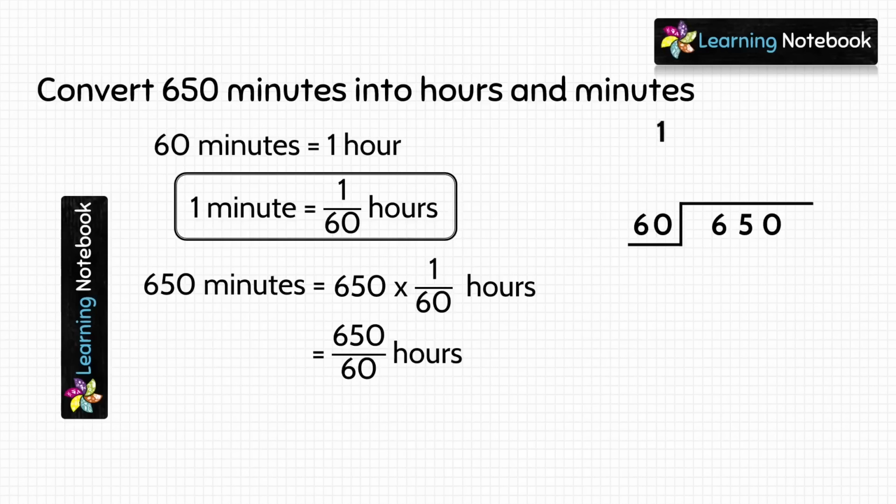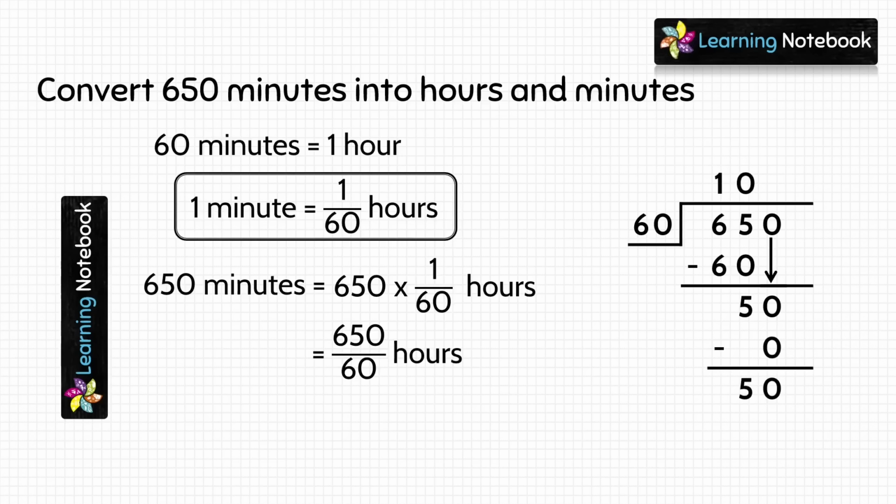60 into 1 equals 60 and 65 minus 60 equals 5. Now copy the next digit 0. We have got 50, which is smaller than 60. So we will do 60 into 0 equals 0 and 50 minus 0 equals 50.